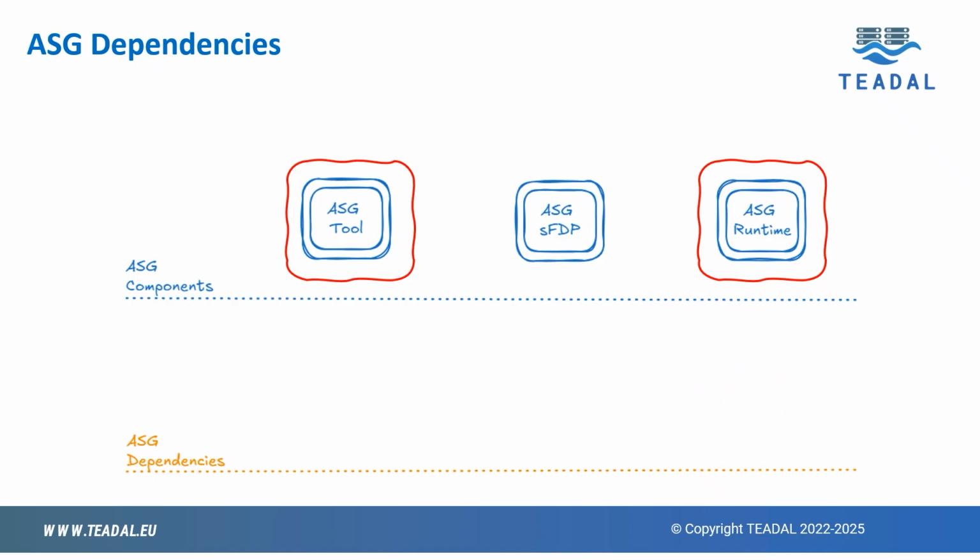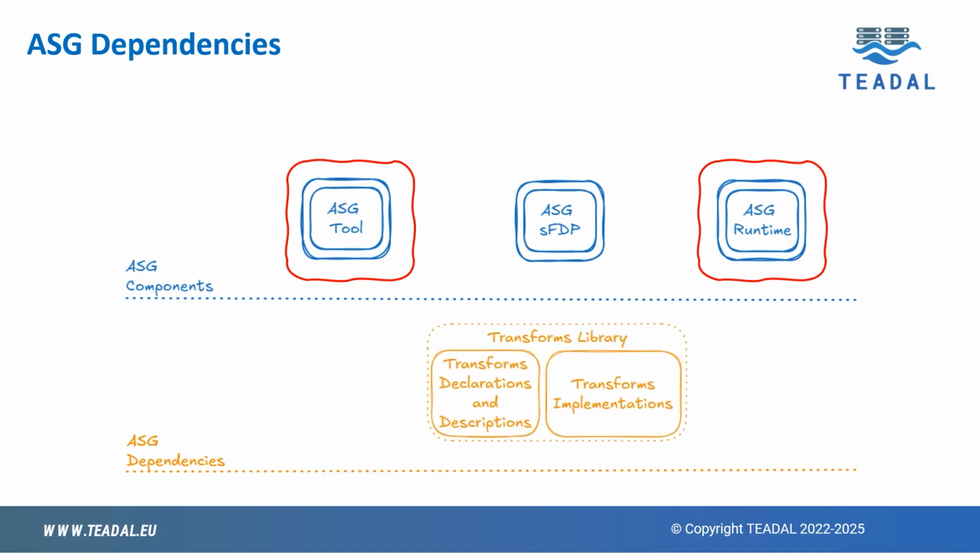Shared across both the generation and the execution phases is the transforms library, a simple but essential module that contains reusable data transformation functions. At generation time, the ASG tool accesses the declarations and the descriptions of the transform methods.